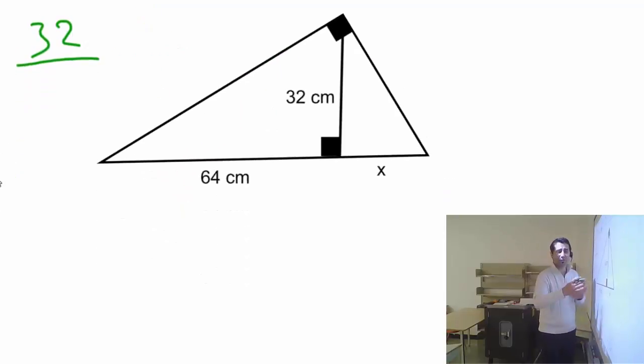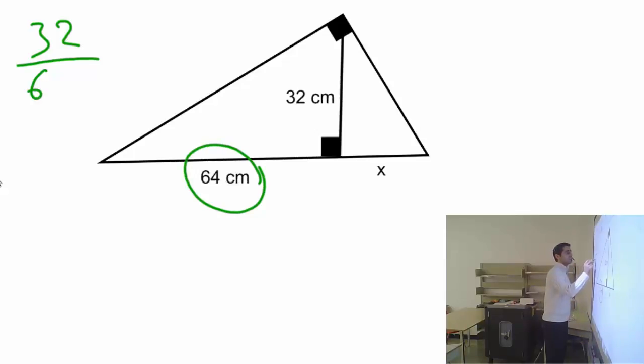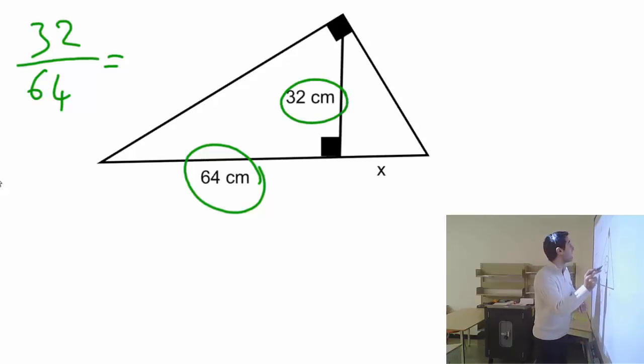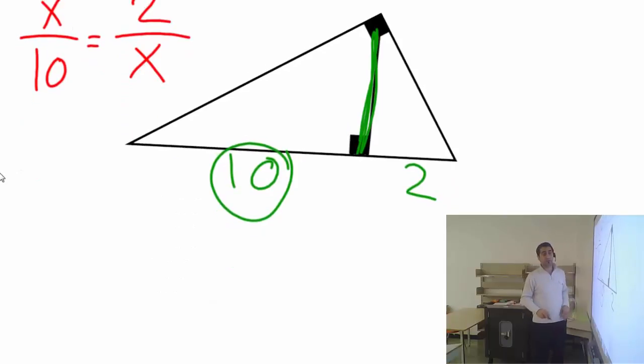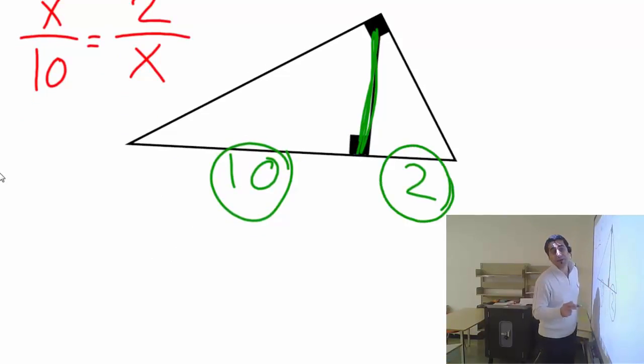You can pick any one of them actually, but I'll go with this one once again, 64. So I'm going to divide that with 64 equals. Now, please don't write the 32 once again, just like the ones you did before. Okay? We're going to pick this one this time, right?